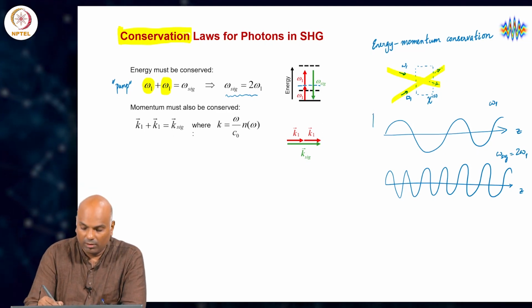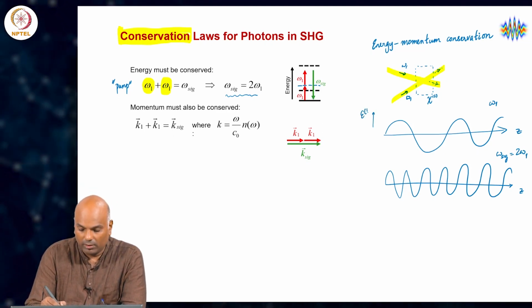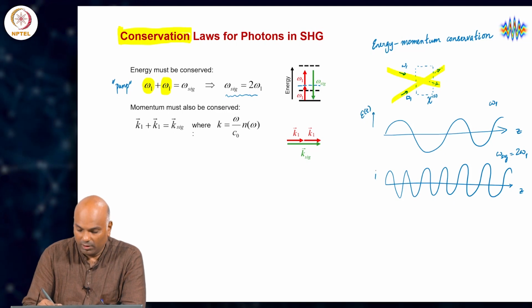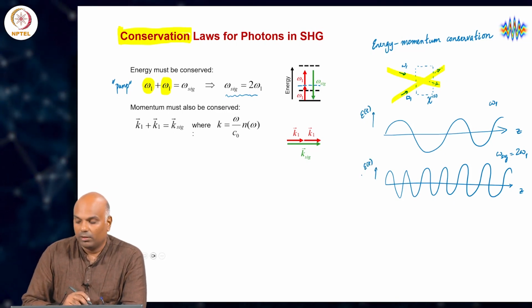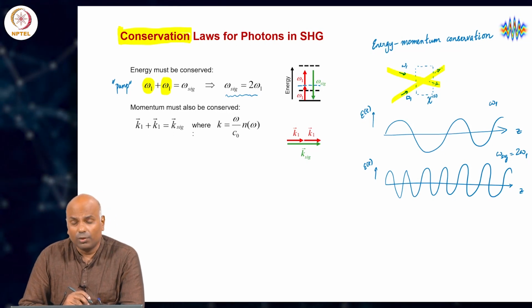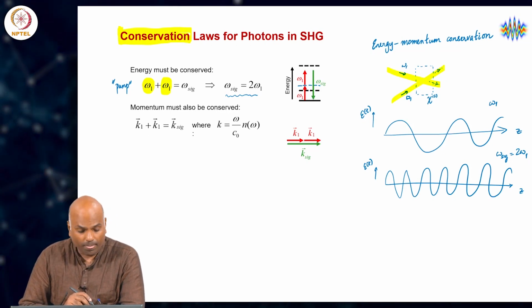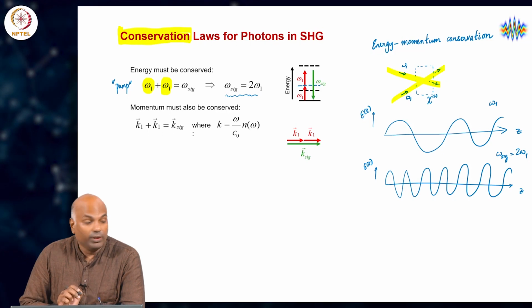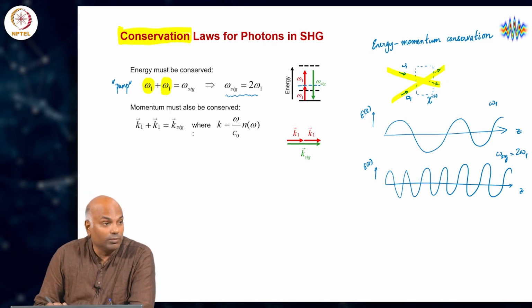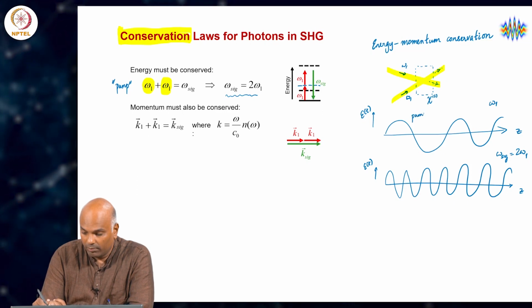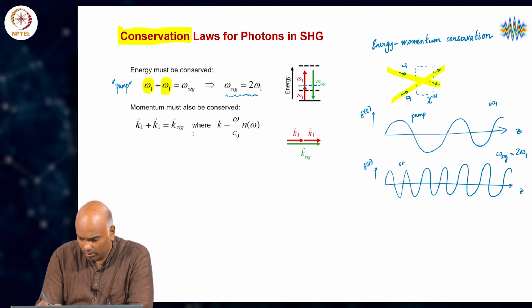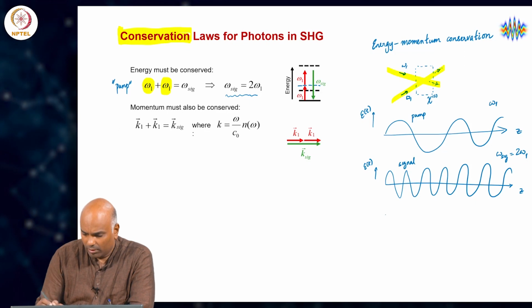Of course, the vertical axis is E of t, right. So, now we know that the momentum of a photon, okay, so this is pump, signal.